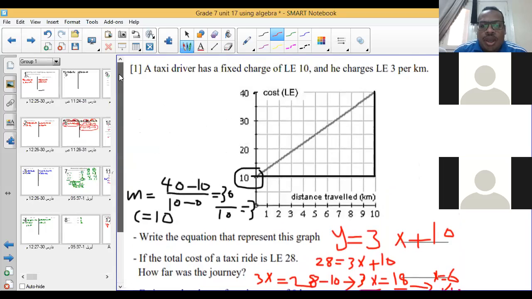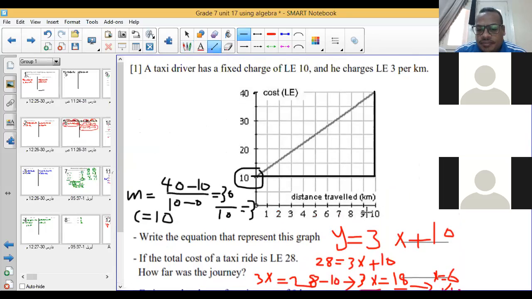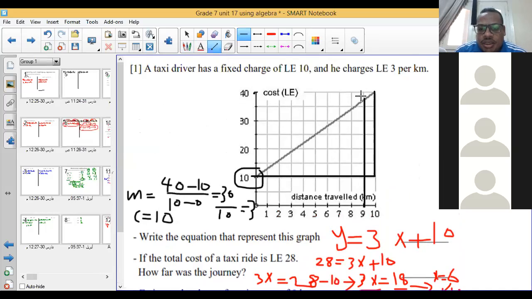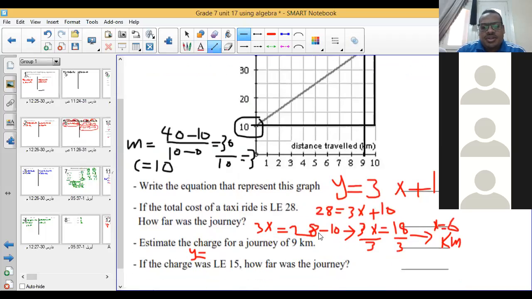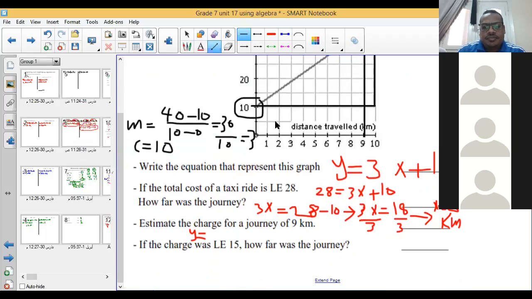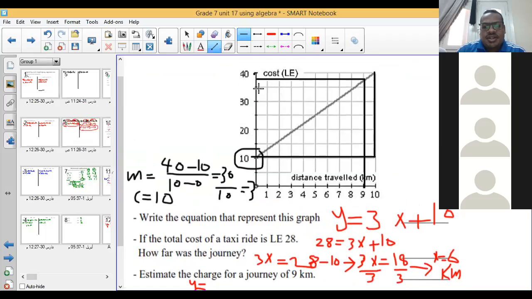So we can draw a line from 9 here, and by estimation here, it could be 37.5 approximately, because he asked me to estimate, not the exact value.